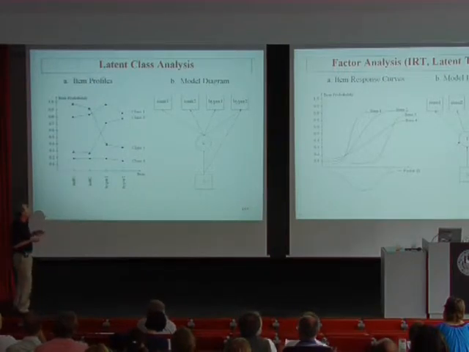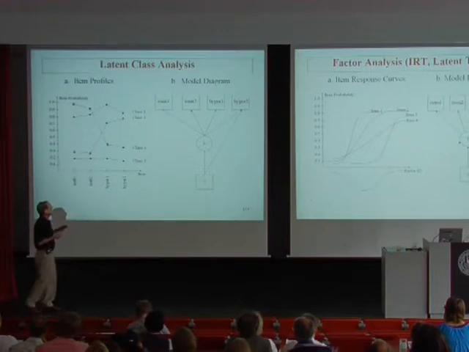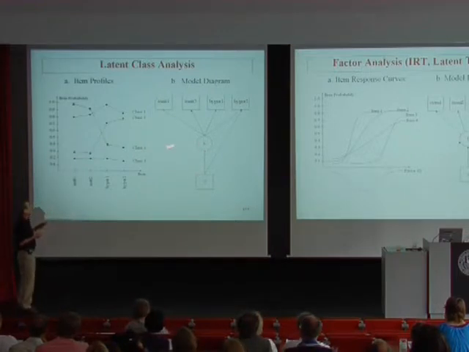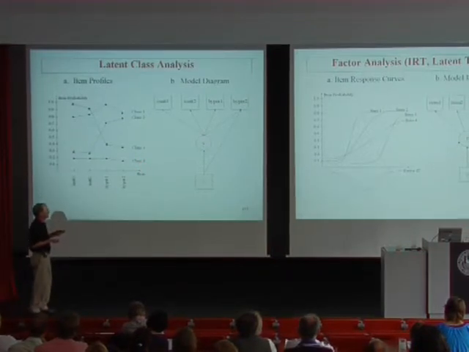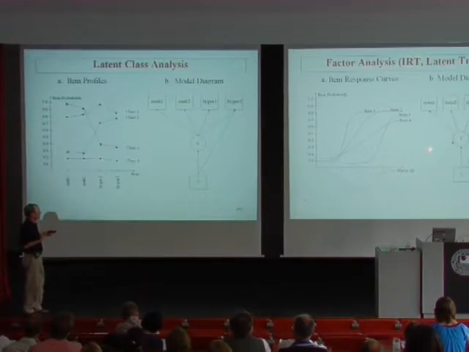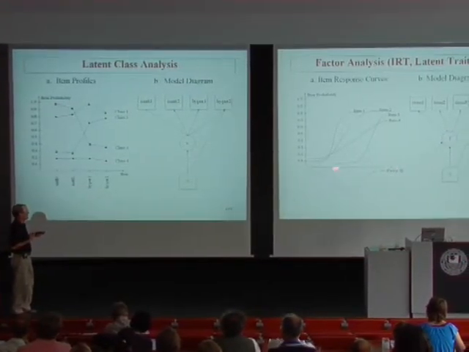And the question is, is the model on the left more suitable or the model on the right? The model on the left has the advantage that you get a classification of individuals into different classes. But the model on the right allows for a continuum to be represented, perhaps a more fine-grained picture.